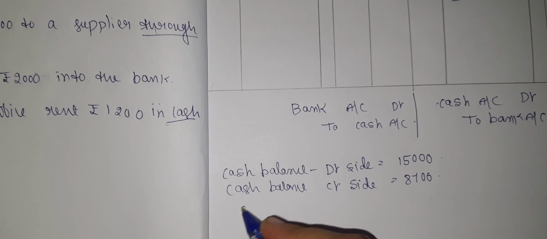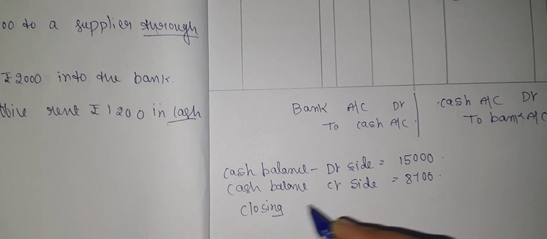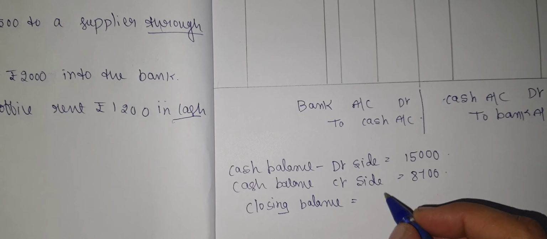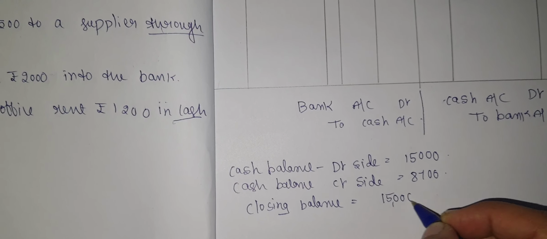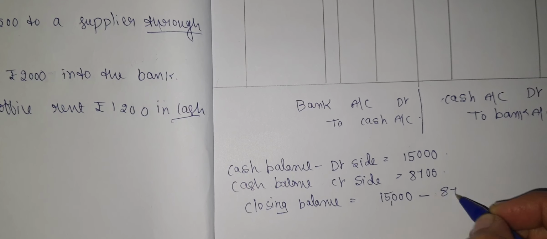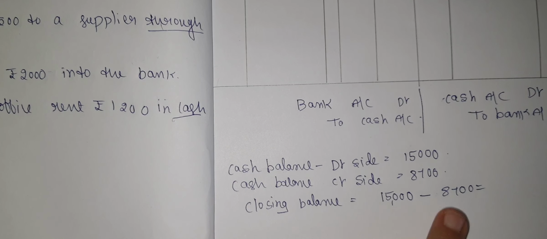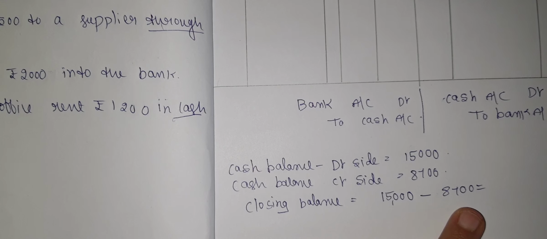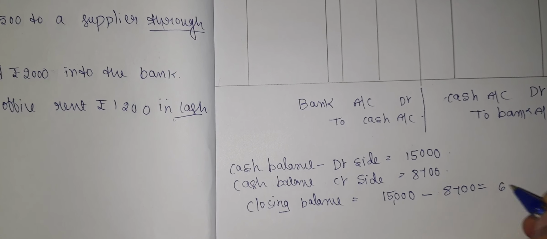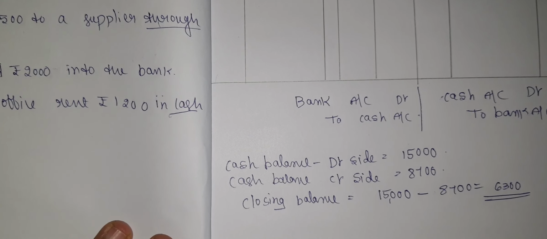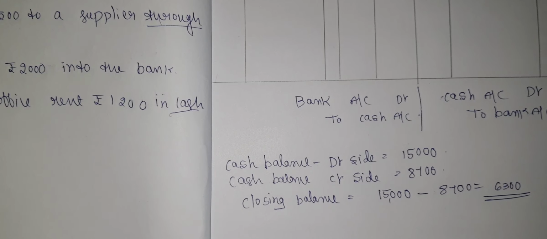Now the closing balance equals to 15,000. Debit side is having more amount, minus means receipts minus payments, 8,700 minus 15,000. That is rupees 6,300. Once I do the calculations, after that we will write down 6,300. Now we will see the bank balance.